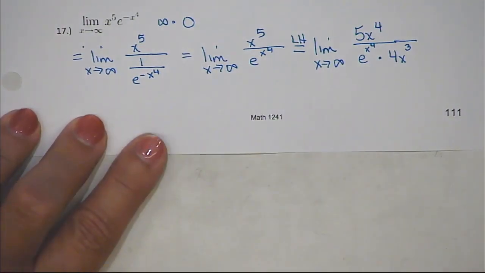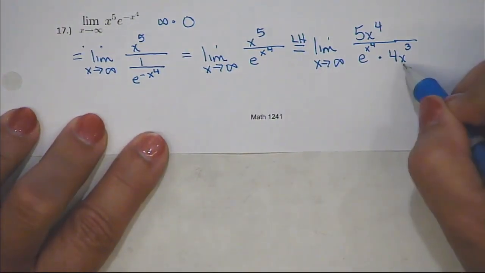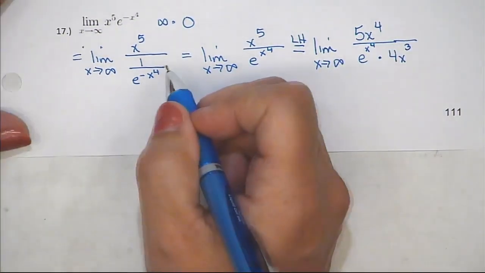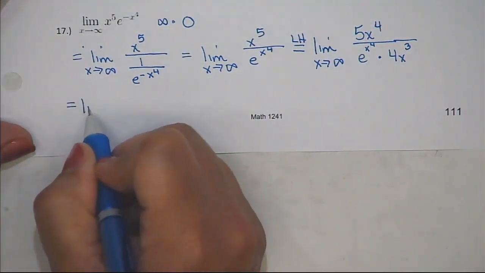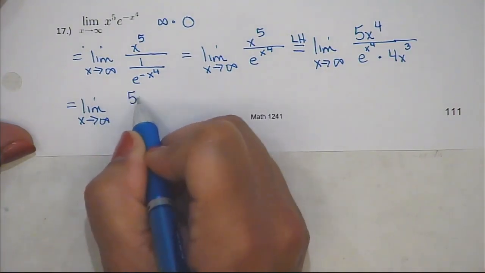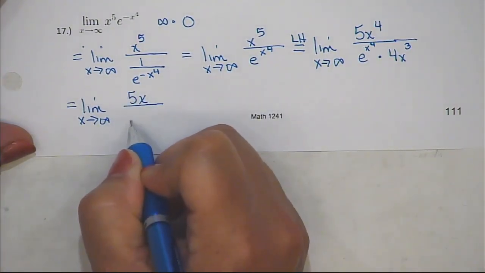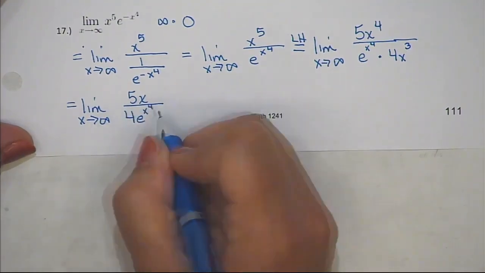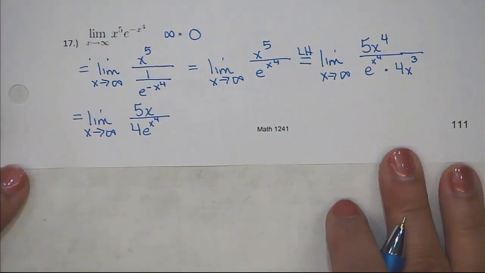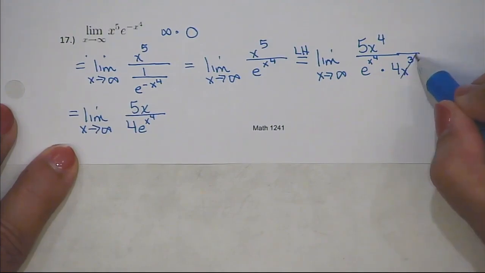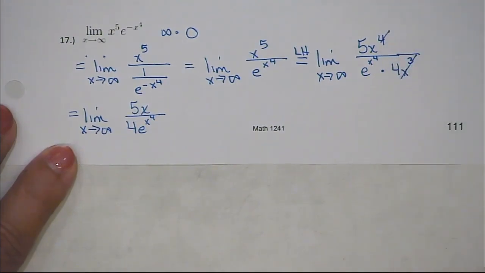So I can cancel the x cubed over here with 3 of those, right? So this thing is going to be 5x over 4e to the x to the 4th. So I canceled these x cubes in the bottom with 3 of those, right? Nothing else can simplify.